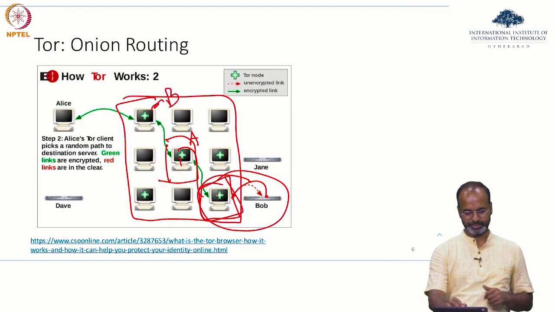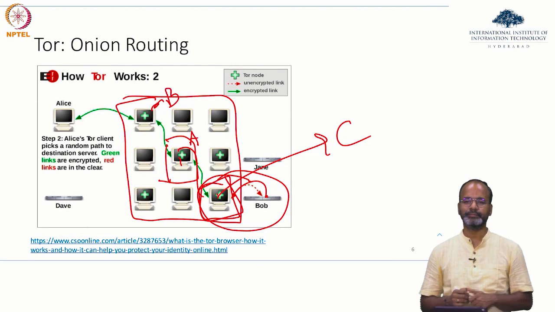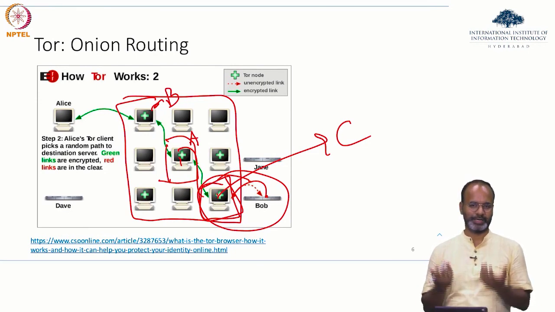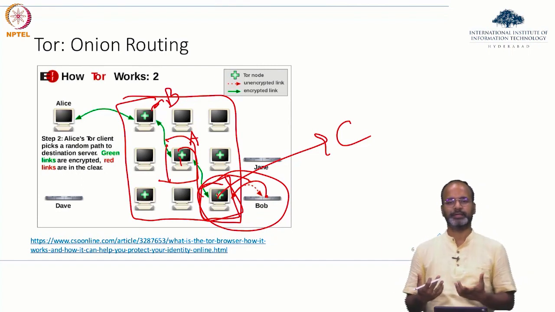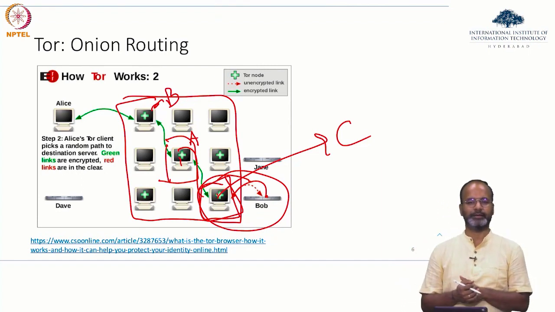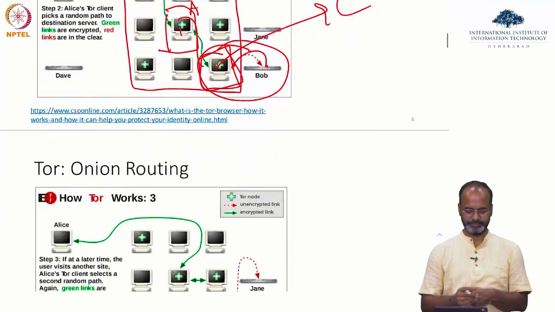Let's say this was B and this was C. That's the reason it is based on onion routing, and that's what gives it the power of anonymity while accessing these services.